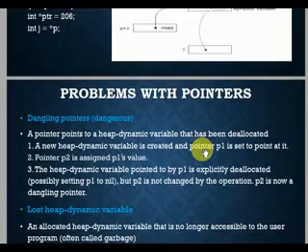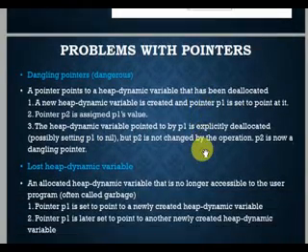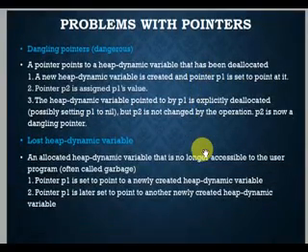What are the problems with pointers? There is the dangling pointer problem, which is very dangerous. What does it mean? It happens when a pointer points to a location whose variable has been deallocated, so the pointer is pointing to the wrong address because the memory location is deallocated.